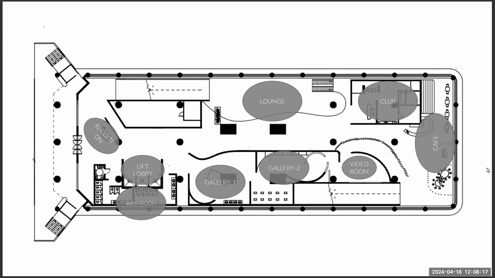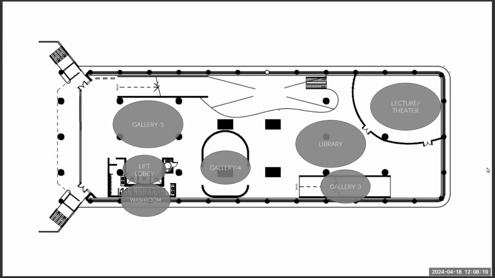And the cafe area. So this is the second to fourth floors. I have gallery 3 on the left and the library in the middle, and galleries 4 and 5.